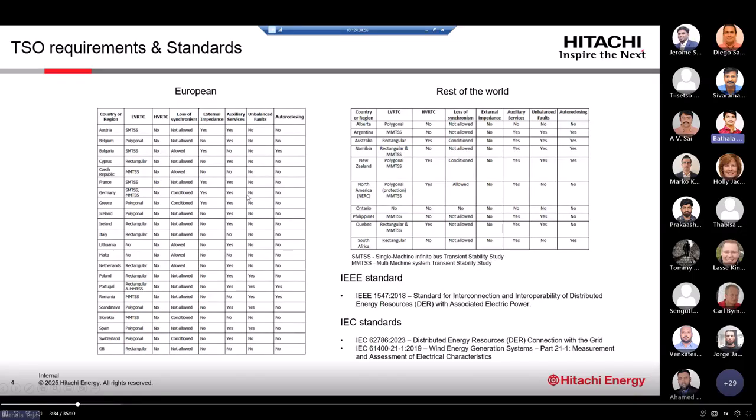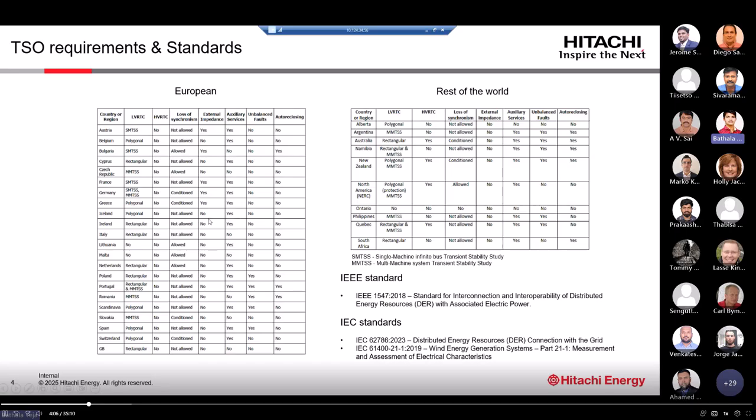In this slide, I have shown the TSO requirements in various countries and standards from IEEE and IEC where they mention this under voltage ride through. You can see these LVRT characteristics, where it is mandatory and which curve is used, polygonal or rectangular. SMTSS and MMTSS are particular to some local TSOs where they do some study.